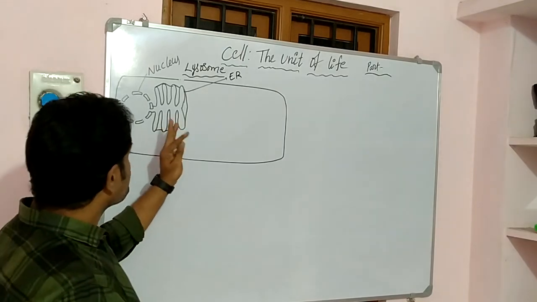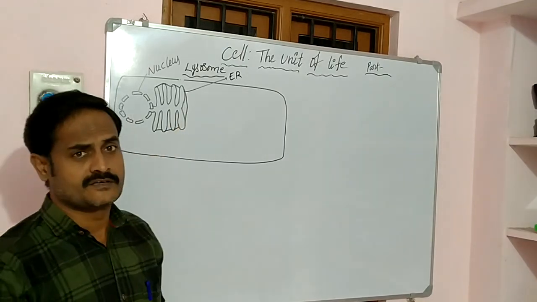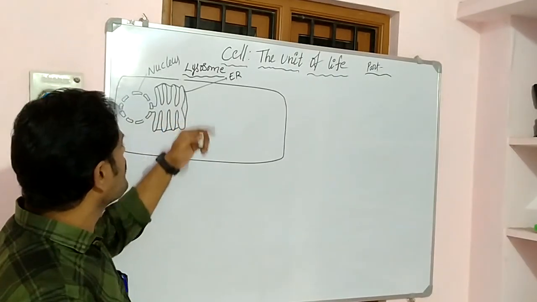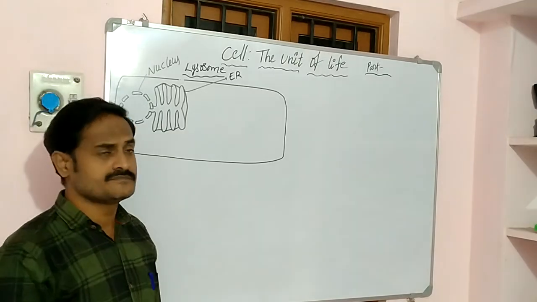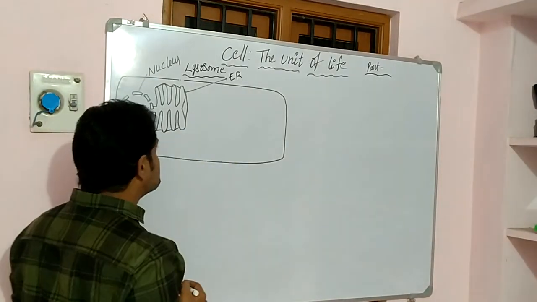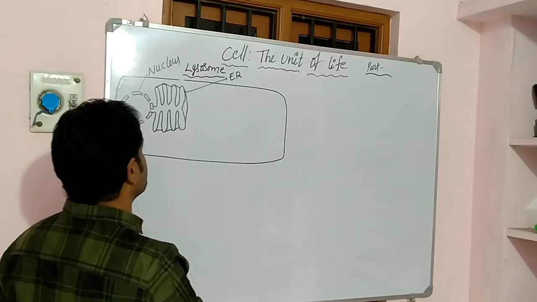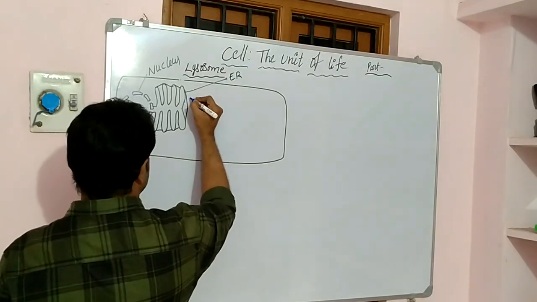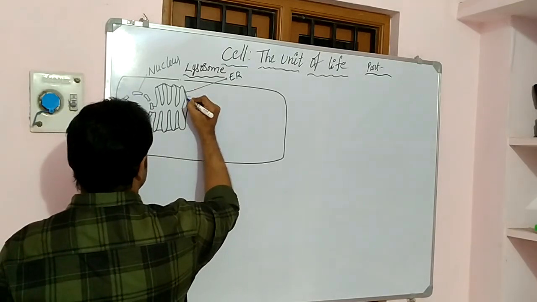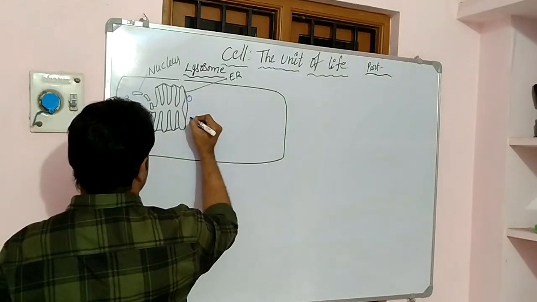Then from the endoplasmic reticulum, some vesicles will be released. Already we discussed in the previous class some of the vesicles like this.